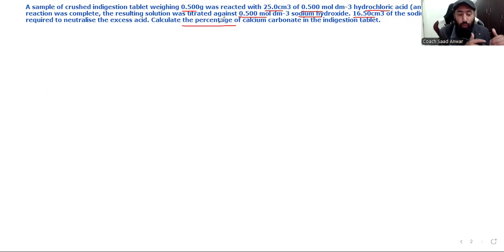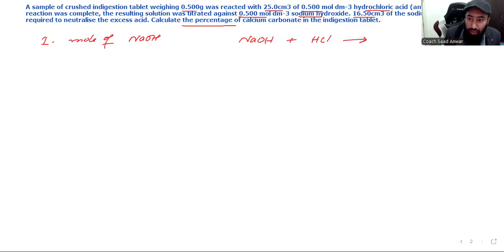To begin with, if such a question does not make sense, no problem. Whenever they have given you concentration and volume, do one thing, find moles quickly. So find moles of sodium hydroxide. First write the balanced chemical equation: sodium hydroxide and HCl gives NaCl plus H2O. You have the volume and concentration of sodium hydroxide, so you now have to find moles.